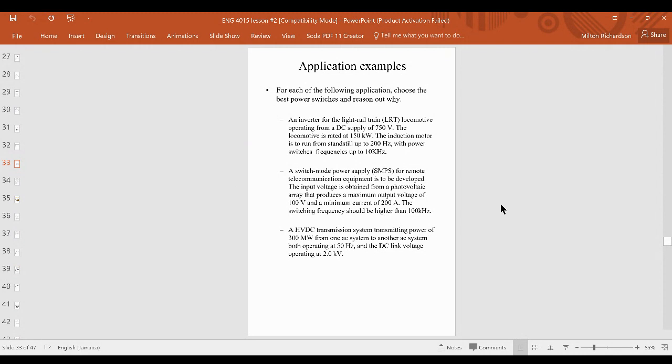We look at their characteristics, in particular the frequency at which they operate and the power, which are very important when it comes to selecting these devices for particular applications. We would have looked at a few scenarios, and from the scenarios you would have been able to select appropriately the power switches for that application.